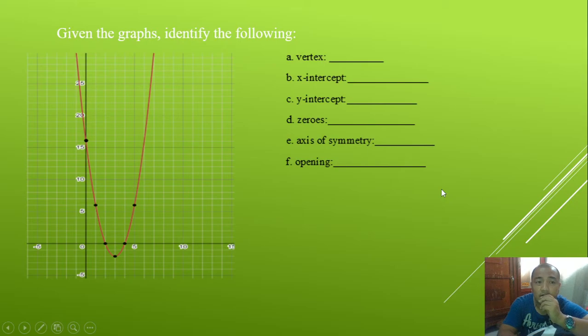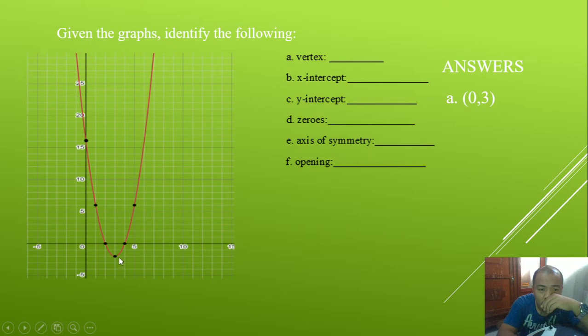Given the graphs, identify the following: vertex, x-intercept, y-intercept, zeros, which are the same as the x-intercepts, axis of symmetry, and opening. So for number 1, vertex, you can see in the graph.